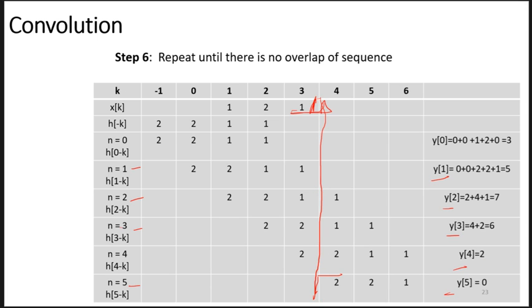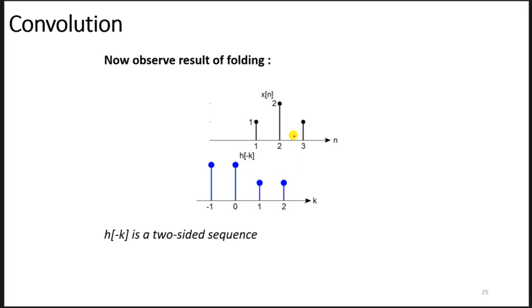But there is a catch. If we look at the original two sequences, you have this is 0, and then this is negative 1.